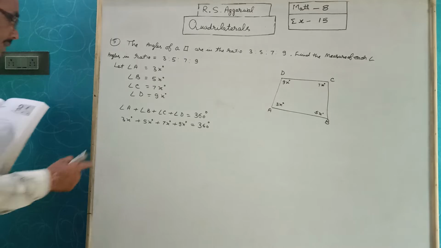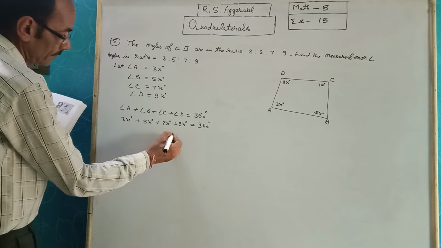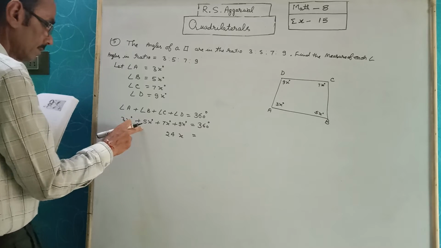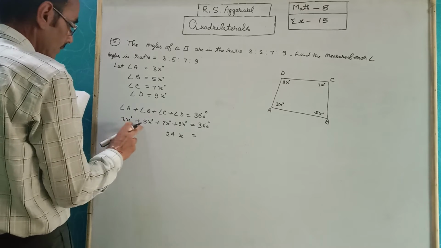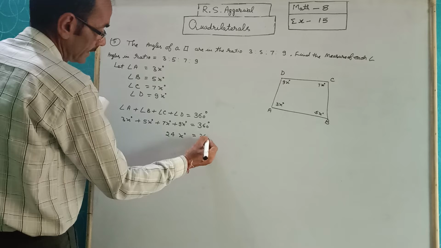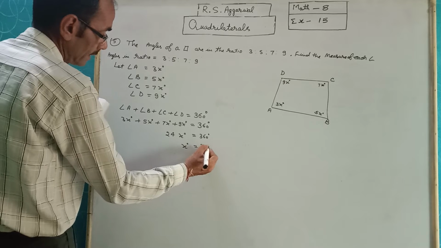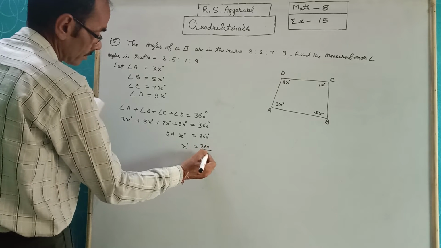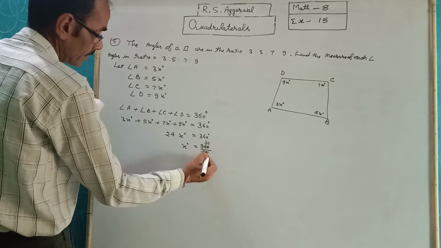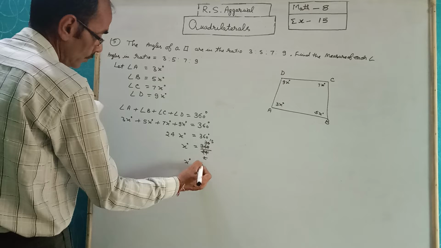Adding, it is 24x. 24x will be 360, x equals 360 upon 24. We find the x value is 15 degree.